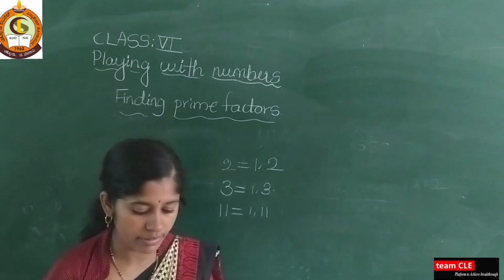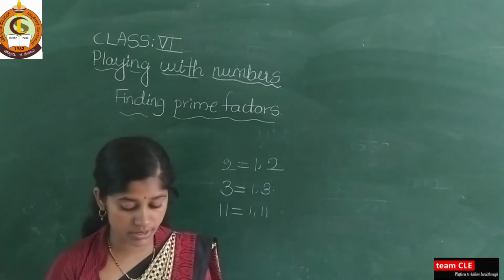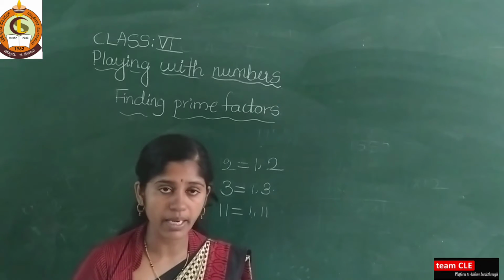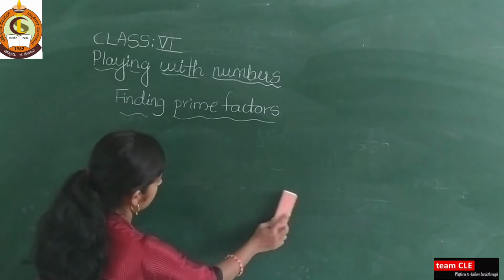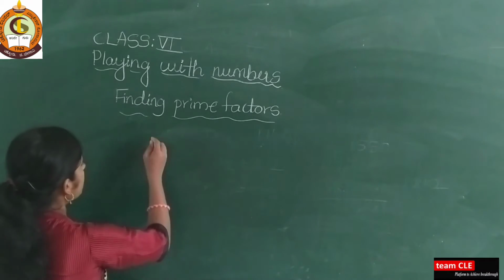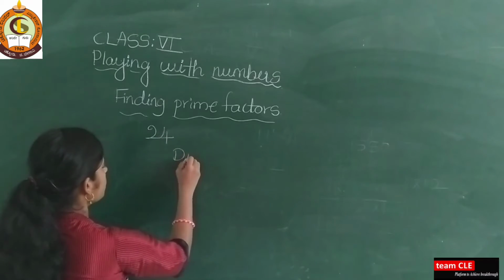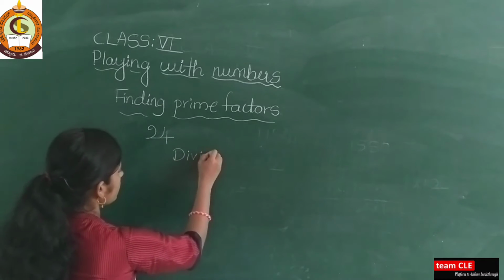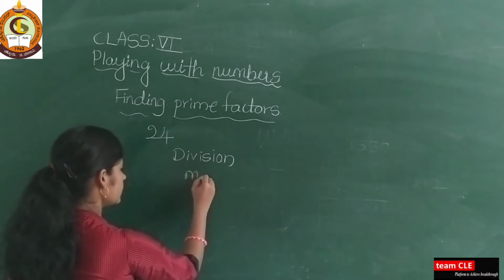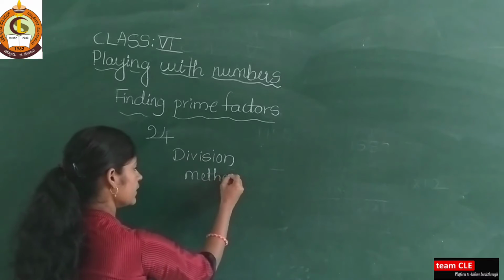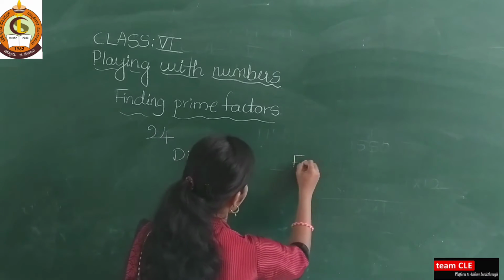Here they will give one example, and you have to find the prime factors by the tree method and by the division method. Let us take one example, 24. First of all I will solve through the division method, and here you take the tree method, the factor tree method.